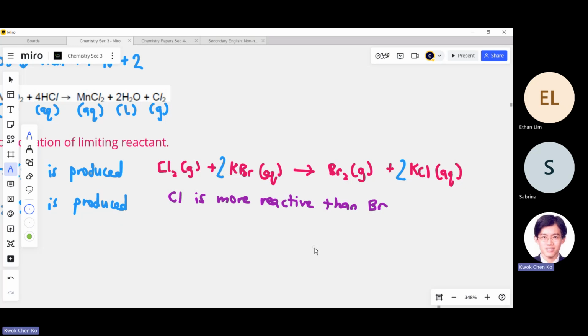That's what we discussed in group 17. The higher the position in the group, the more reactive it is. Remember that. So Cl2 displaces Br2 from KBr. Try to be mindful of how you use the word displaces.